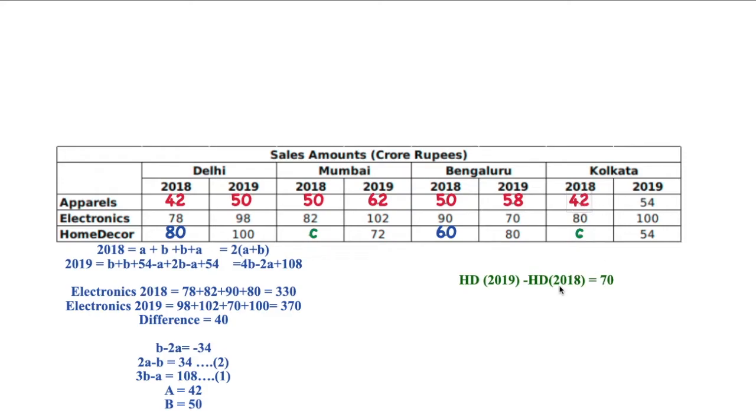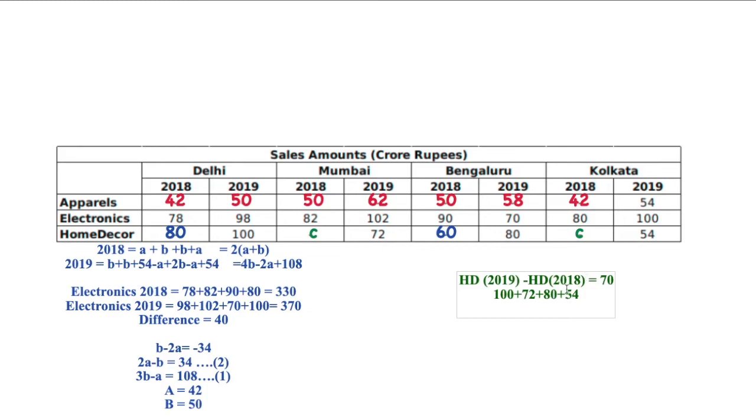Okay, done. So another data that we had was that home decor 2019 minus home decor 2018, the difference was 70, right? So this must mean that home decor 2019 would be 100 plus 72 plus 80 plus 54, right?